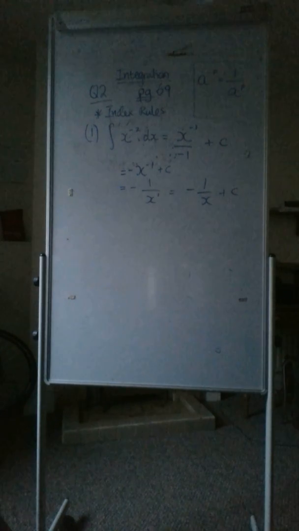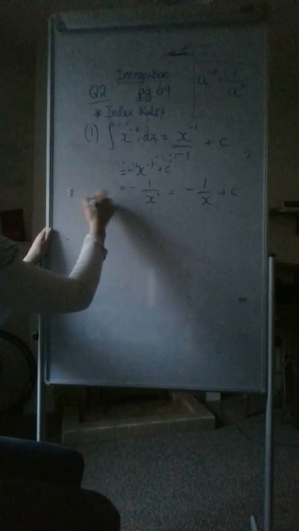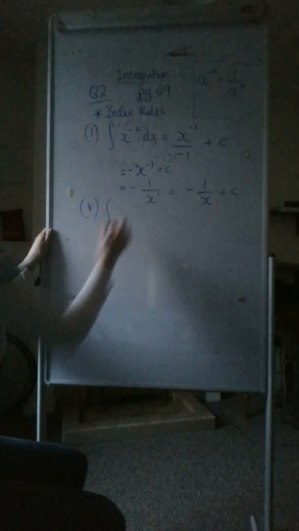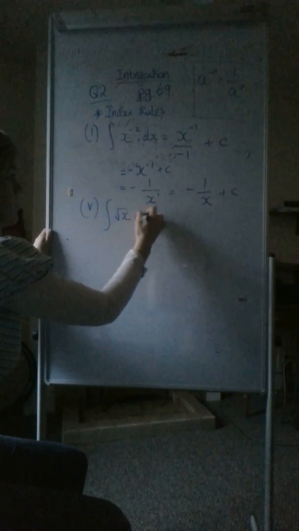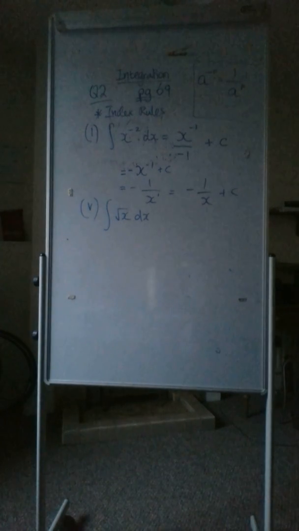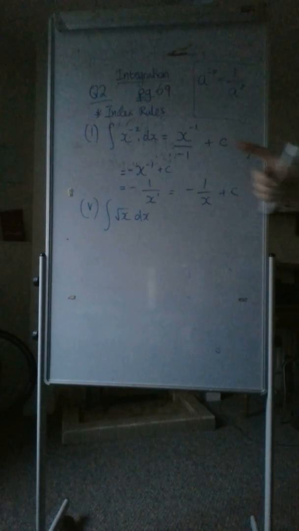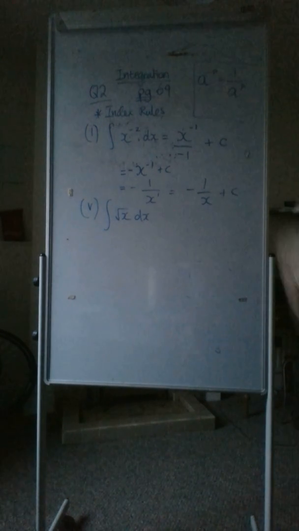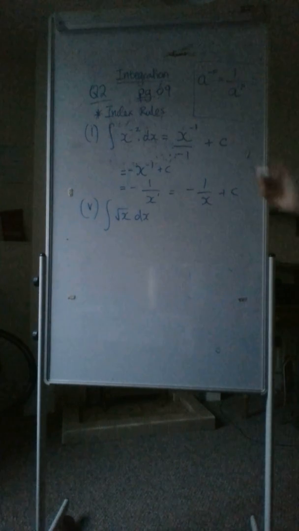I'm going to pick out part v, for example. Part v has integrate the square root of x. With this one, again, think back to your index rules. The square root of anything is the same as that to the power of a half. It's one I think it's good to learn off.